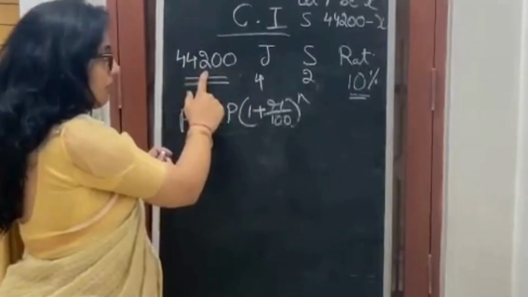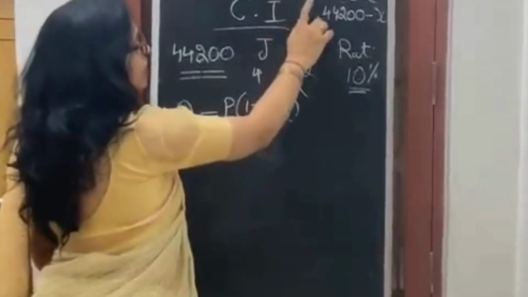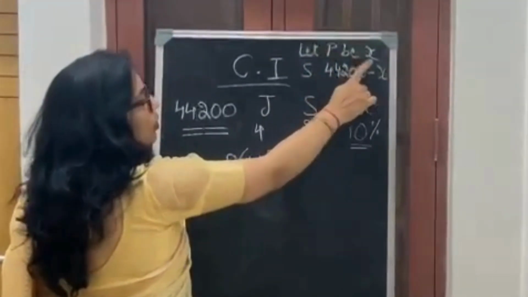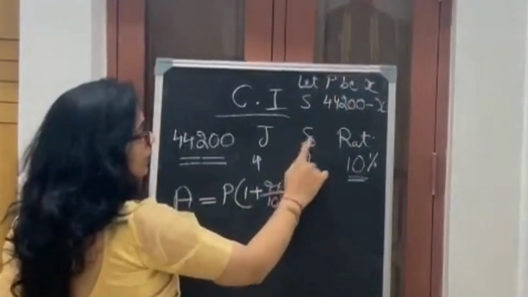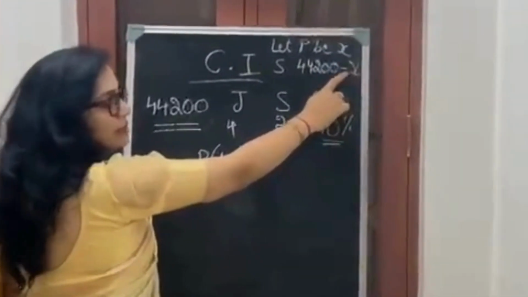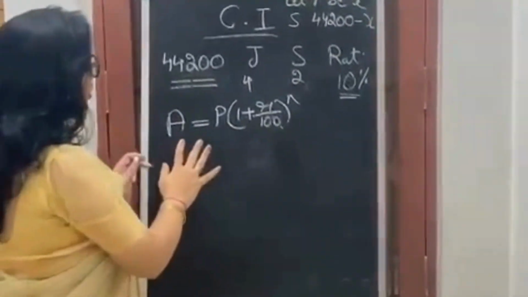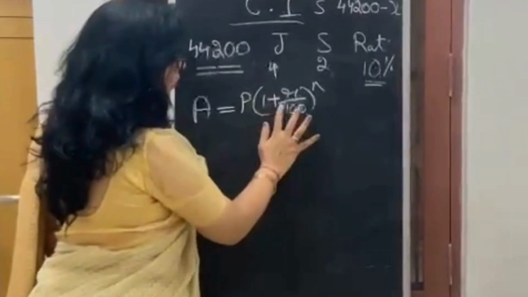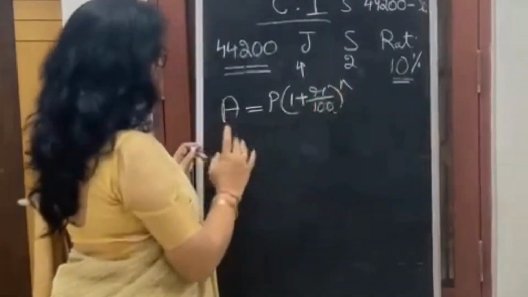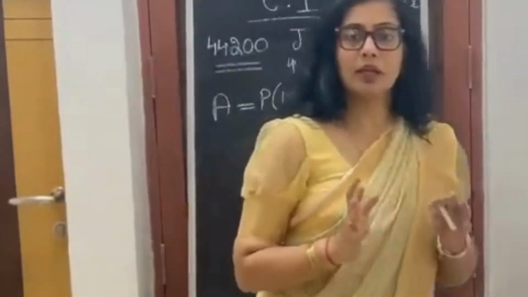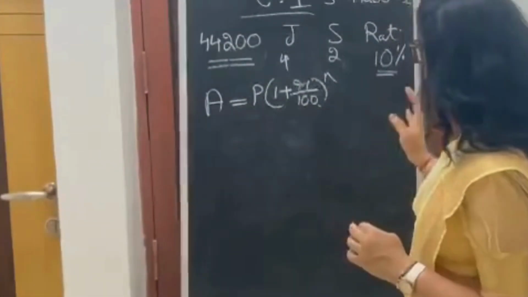So how was this divided? To find out that, we'll say, let the principal that John got be X and Smith got 44,200 minus X. Now, my amount formula is P into 1 plus R by 100 to the power of N. Learn to remember the formula and write it in every sum so that you get marks for that.